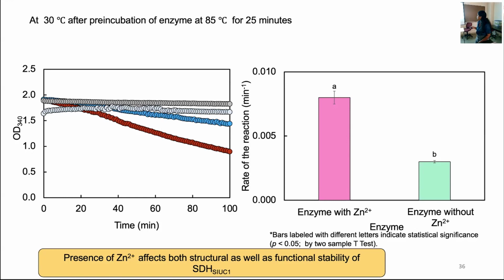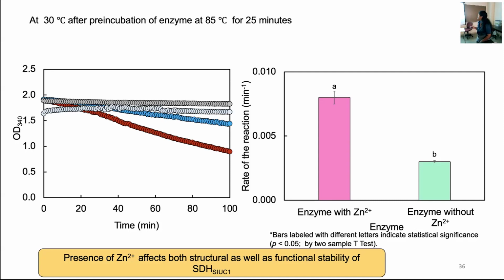So here we could see that the enzyme synthesized with zinc 2+ showed higher activity, a higher rate, than the enzyme synthesized without zinc. Here, we could say that we have provided a temperature effect at 85 for the two enzymes.